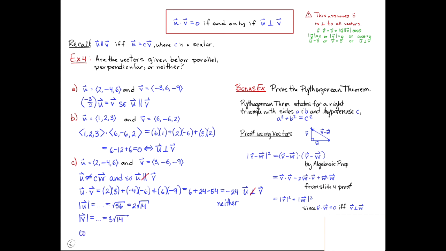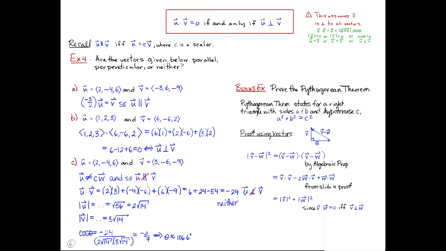And so cosine theta is equal to negative u dot v over 2 root 14 times 3 root 14. And that simplifies down to -2/7.